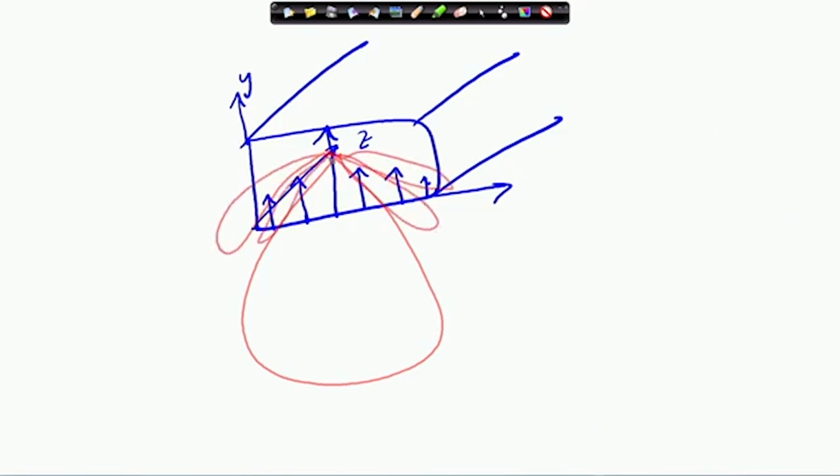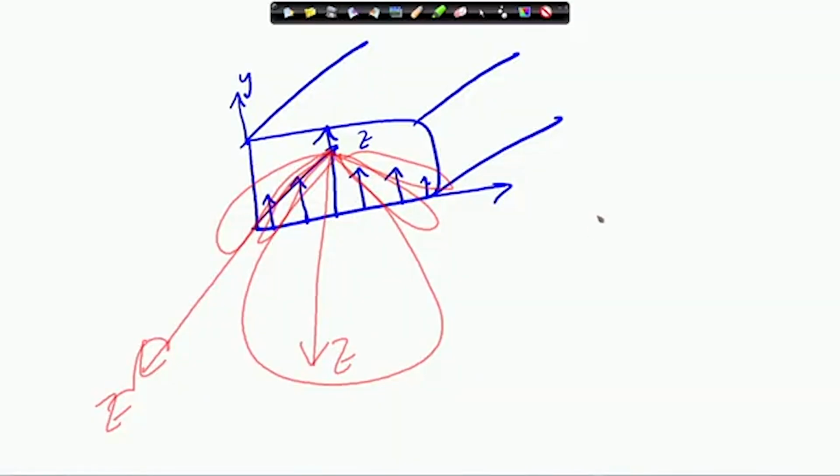This is the radiation pattern of a rectangular waveguide. So, in the z direction the maximum radiation takes place. I have this box, and from here the radiation is coming.